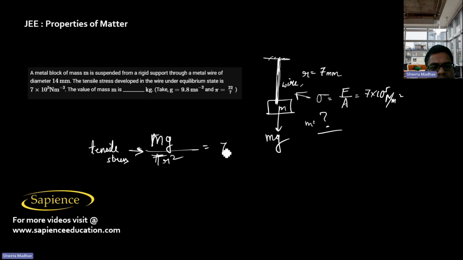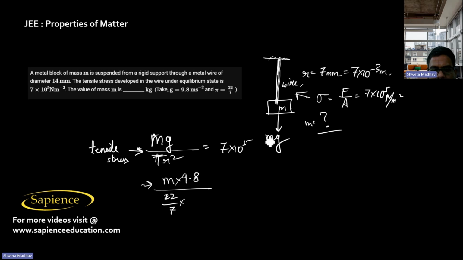And that tensile stress is 7 into 10 power 5. So therefore m into g, that is 9.8, divided by pi, that is 22 by 7, into r square, 7 millimeter, that is 7 into 10 power minus 3 meter. So this is 7 into 10 power minus 3 whole square, that is equal to 7 into 10 power 5.